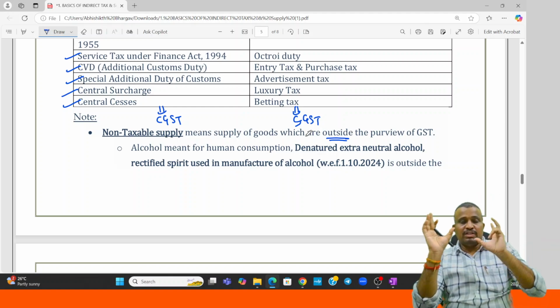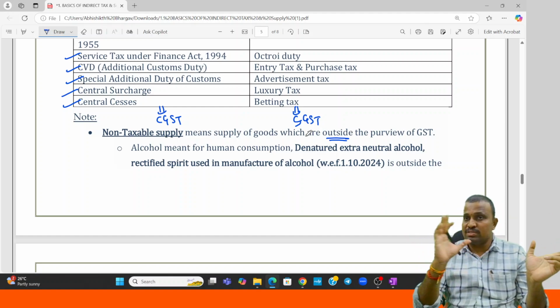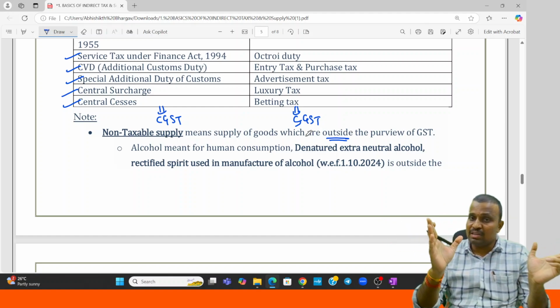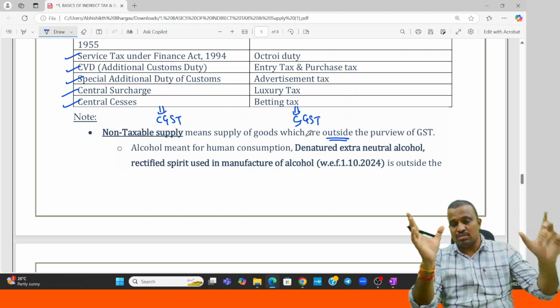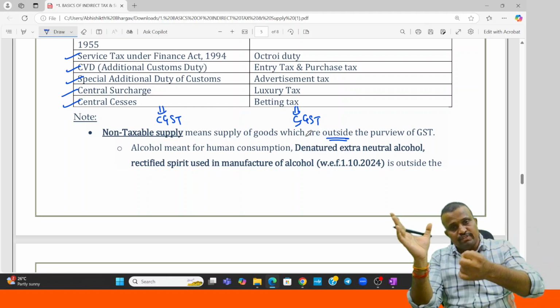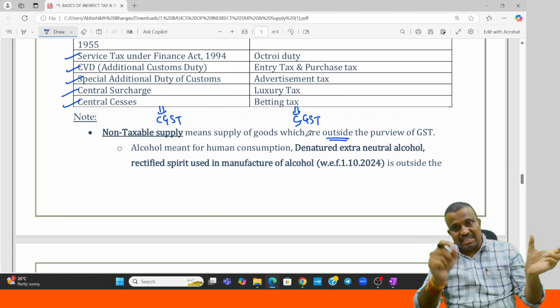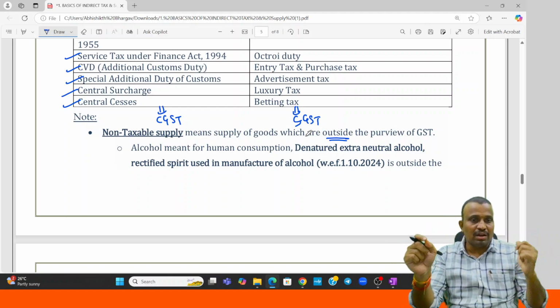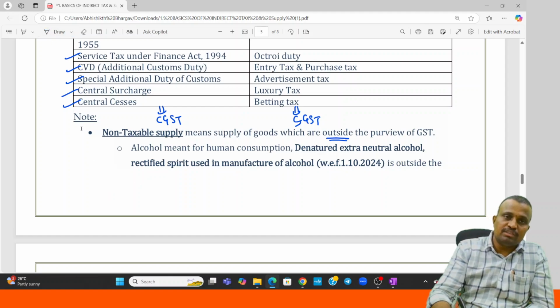But if GST is levied at the raw material stage, and the final product is not covered under GST, then GST becomes a cost and is included in the cost of that raw spirit. That's why, with effect from 1/10/2024 onwards, raw spirit, denatured extra neutral alcohol or rectified spirit is also excluded from the purview of GST.